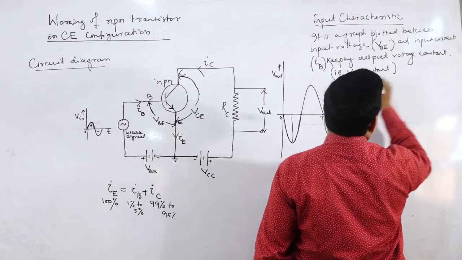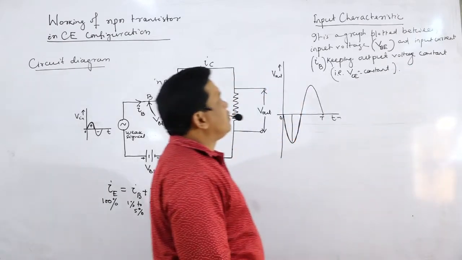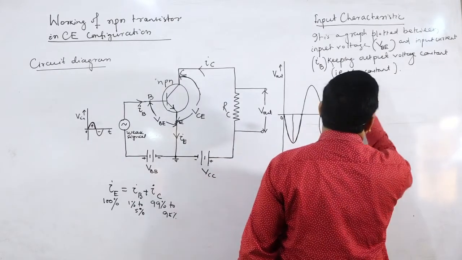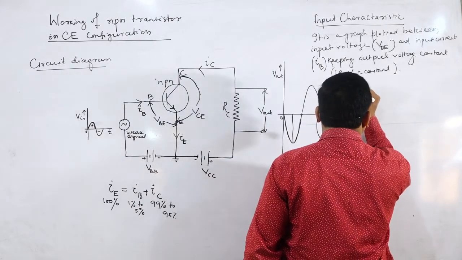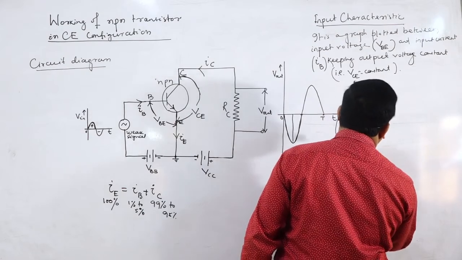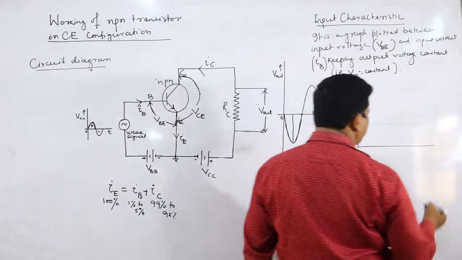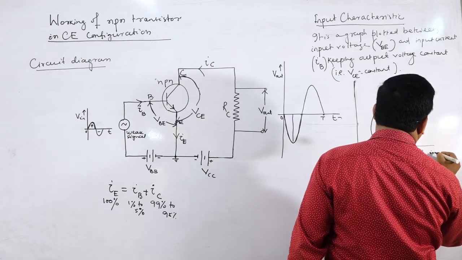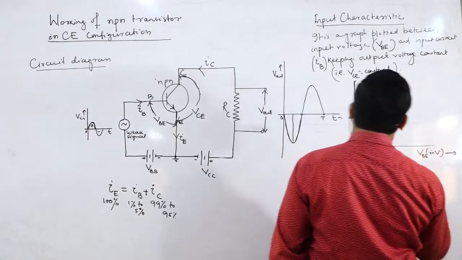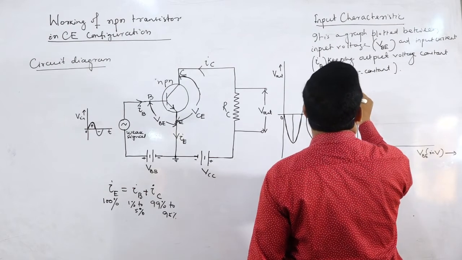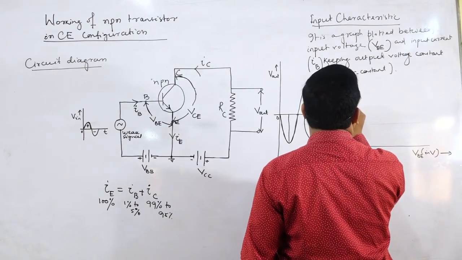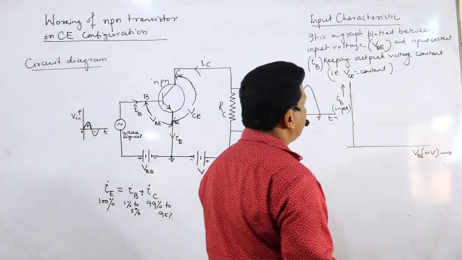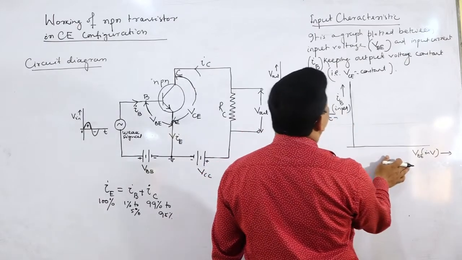Okay, so we shall show the graphs of input characteristics for common emitter configuration. VBE in volt, this is IB in microampere. So this is the input current, this is the input voltage.